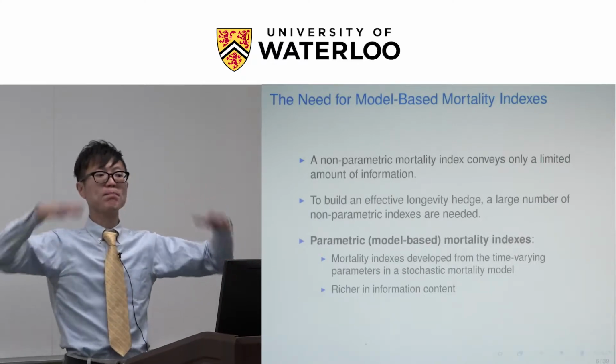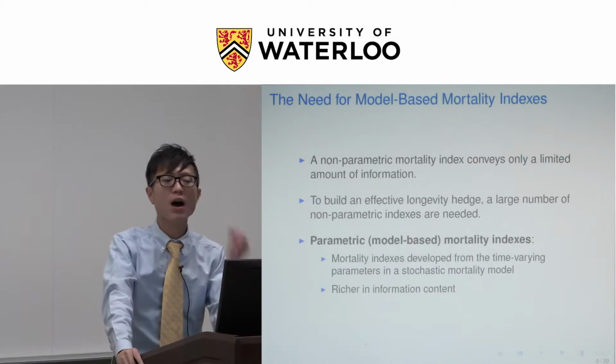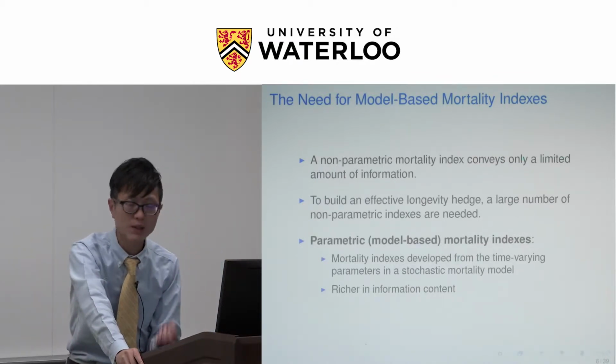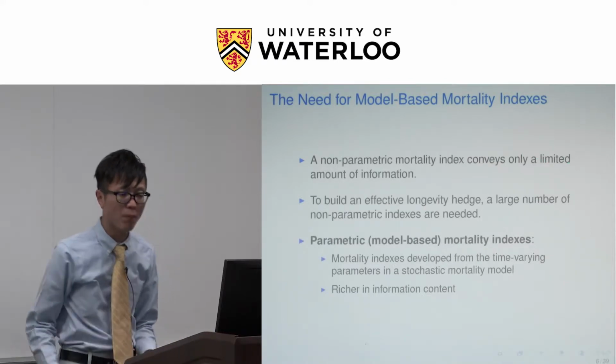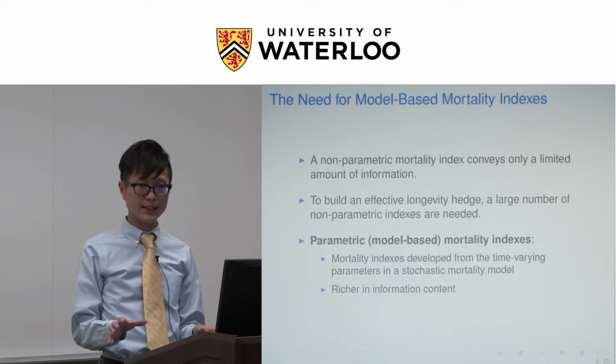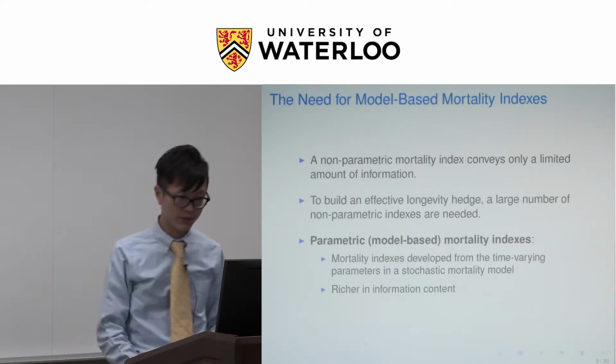Now, these parametric mortality indices are developed from primarily the time-varying parameters in a chosen stochastic mortality model. And as I will demonstrate later, these indices can be richer in information content.